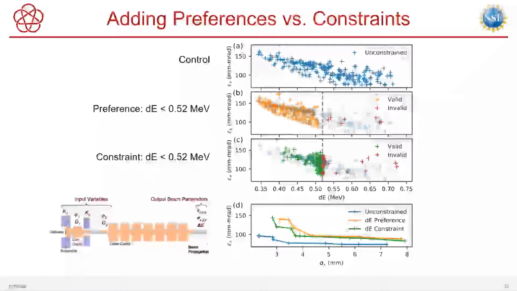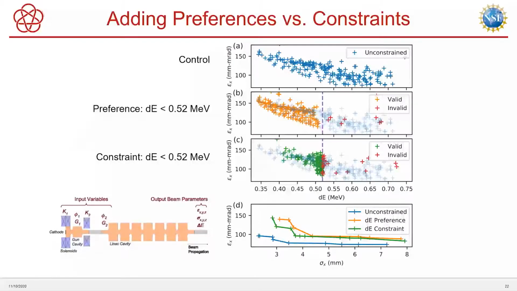Now, when we put this into our accelerator problem, we again specify that we don't want any solutions above a certain energy spread.